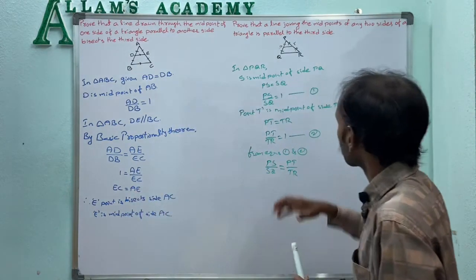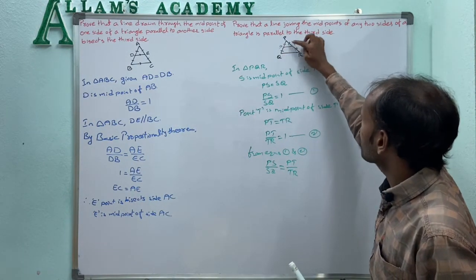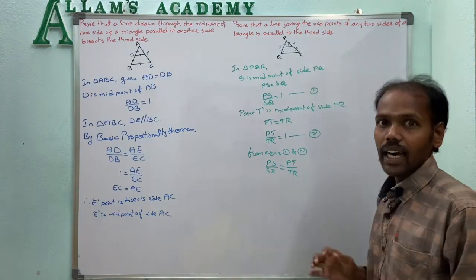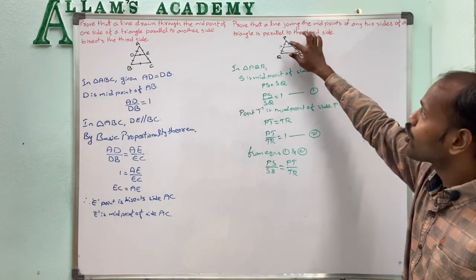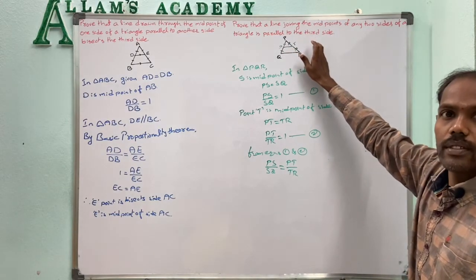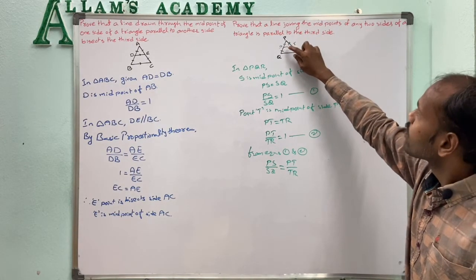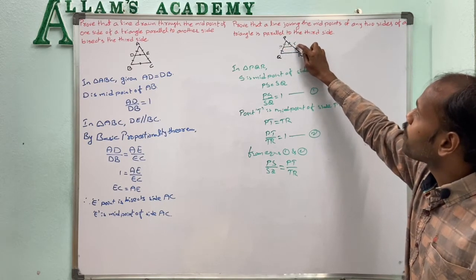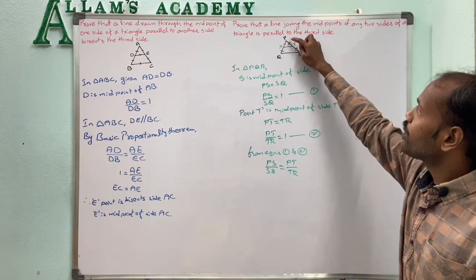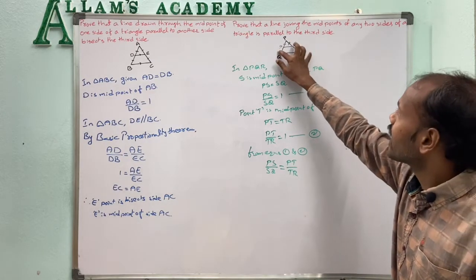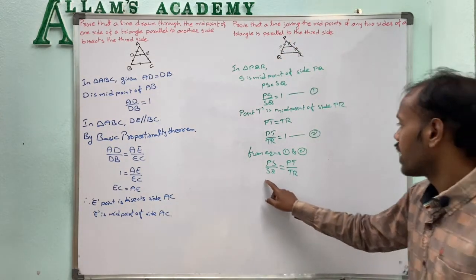That means in a triangle, two points on two sides are dividing the sides PQ and PR in equal ratio.